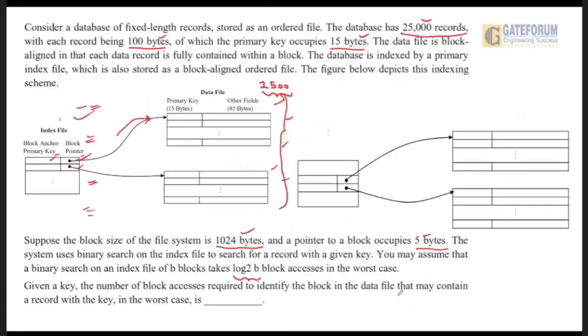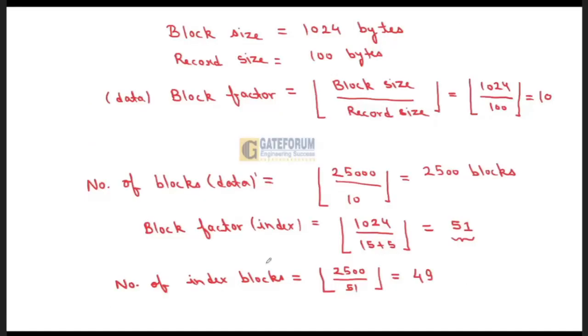Now if you see here it has been mentioned that this is B. This B was the number of index blocks. So now we have calculated the number of index blocks are total 49, and it has been mentioned that the time taken to access is log of B base 2. So now number of accesses required equals log of 49 base 2.